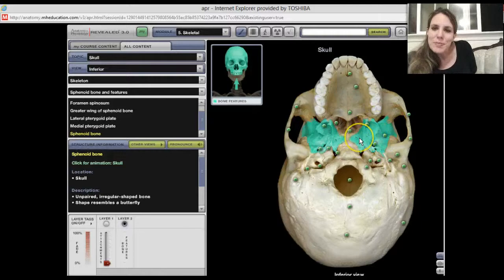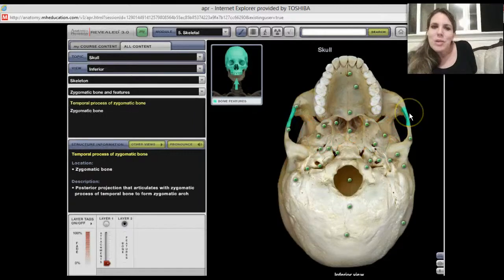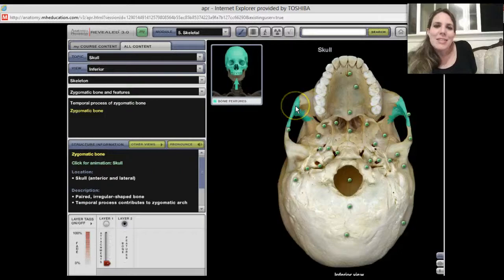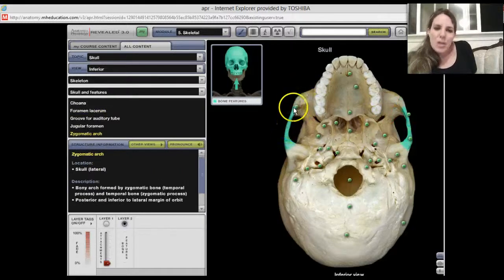And of course, you guys know this, so that's the temporal process of your zygomatic bone, the zygomatic process of your temporal bone, and so on. So there's your whole zygomatic bone, there's your whole zygomatic arch. So all of those are visible from the inferior view.